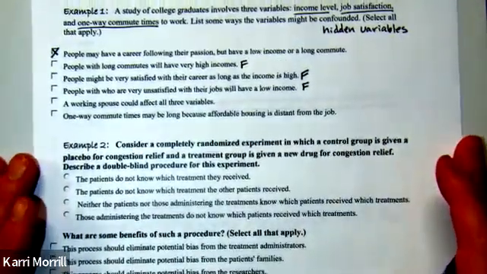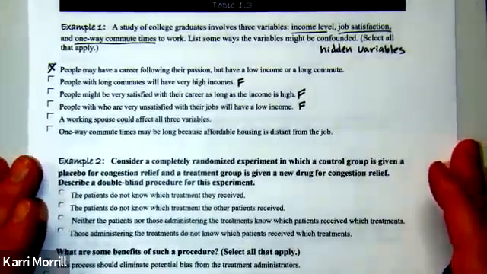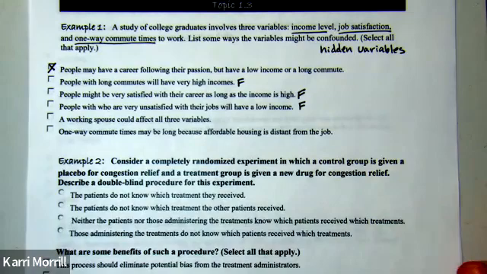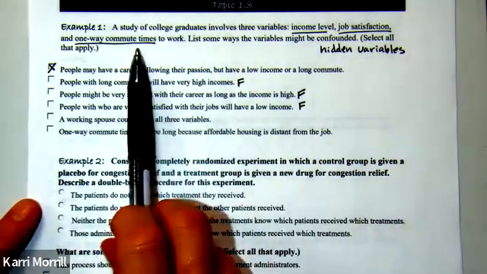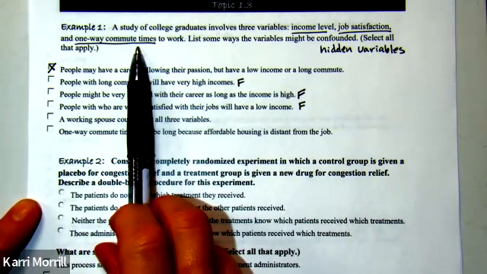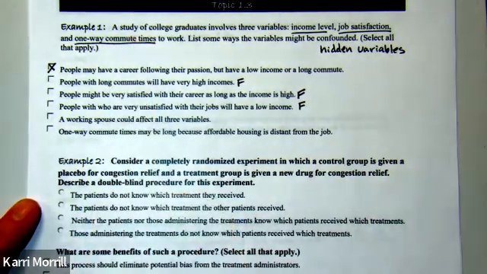A working spouse could affect all three of those variables, which I do believe is true. Just for instance, as a mother, I have a toddler, and if I had to commute a really long way to work, and he couldn't help me with drop off or pickup, I know that alone would be true.